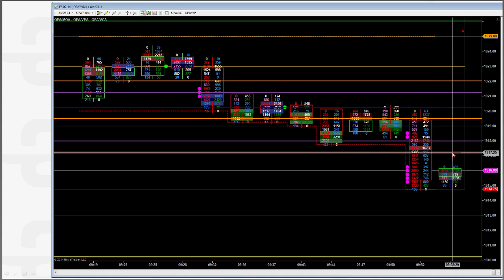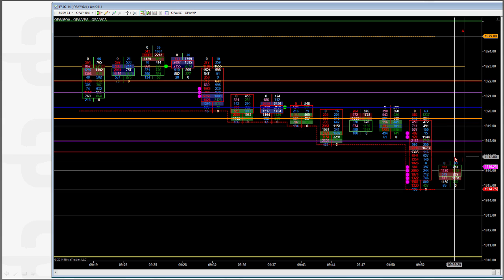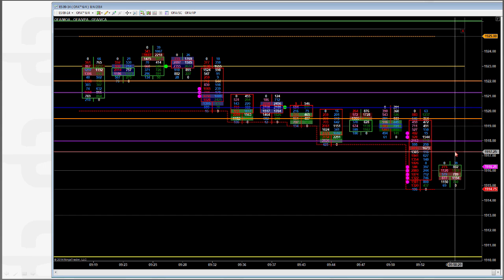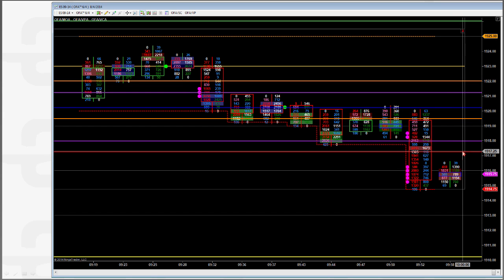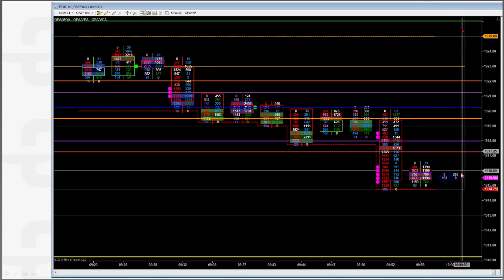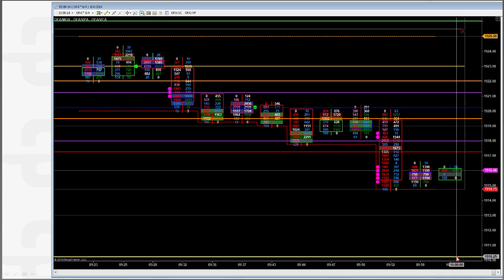So I would be looking for a pullback up back to this area, 17.25. And if there's continued strength at the offer, I wouldn't make a trade. But if the strength comes back in at the bid, weakness at the offer, that's where I would start looking for executing on a trade, sell market, and look for a potential of 10 or lower.